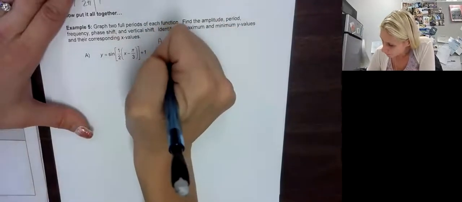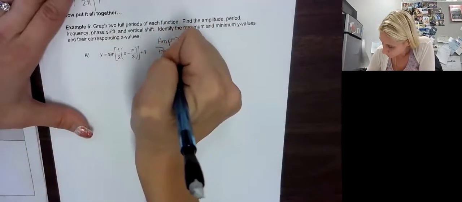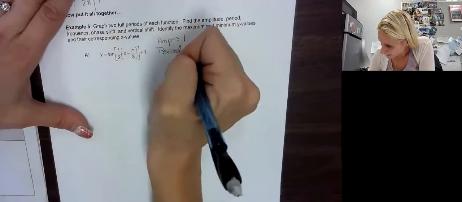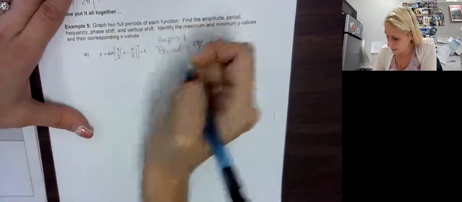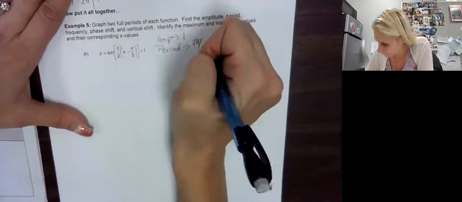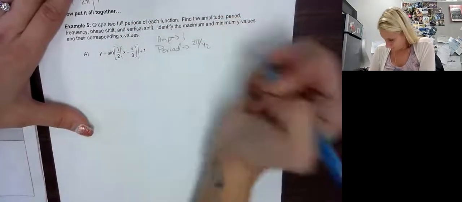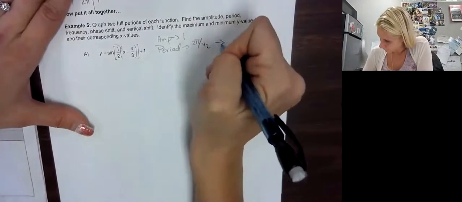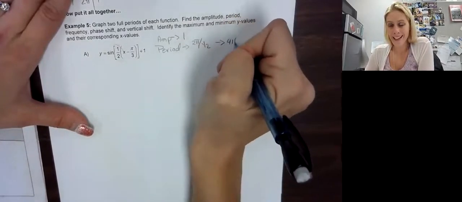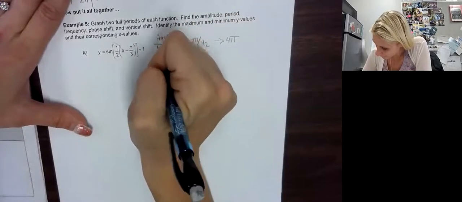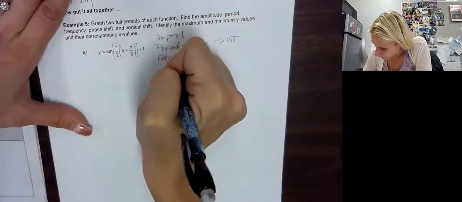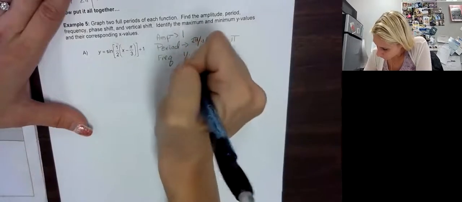Our period is 2 pi over b, and our b in this case is 1/2. So that gives us 4 pi. We learned that in the last example. Our frequency is 1/4 pi.